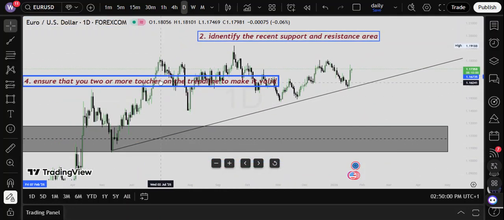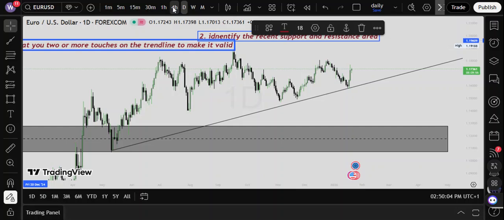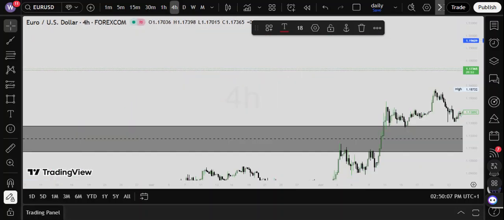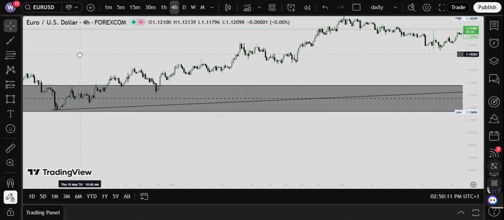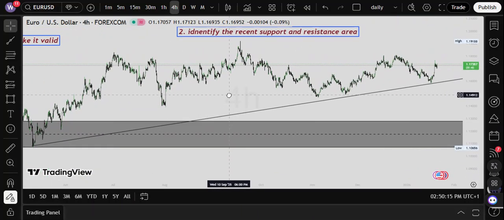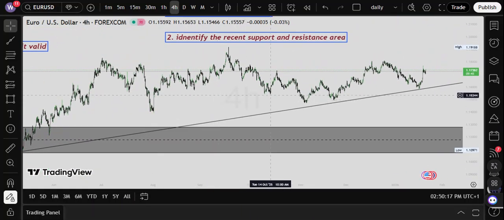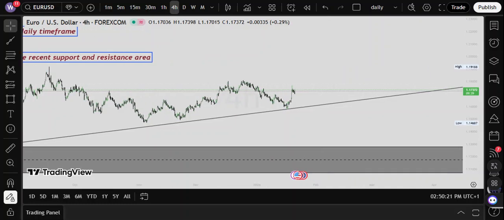The overall direction is bullish. So what do we do? We go to the smaller time frame, which is the forex time frame. Now in this forex time frame, what you will need to do first on getting here is to look at the last touch point on that trend line. And where is the last touch point?